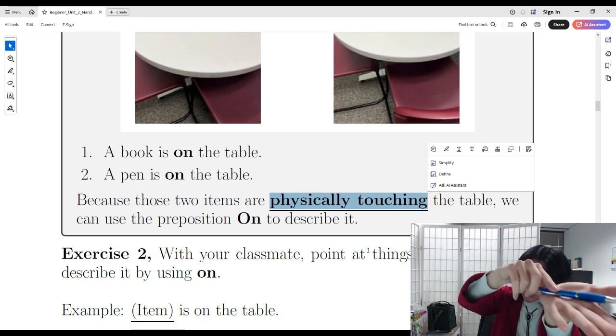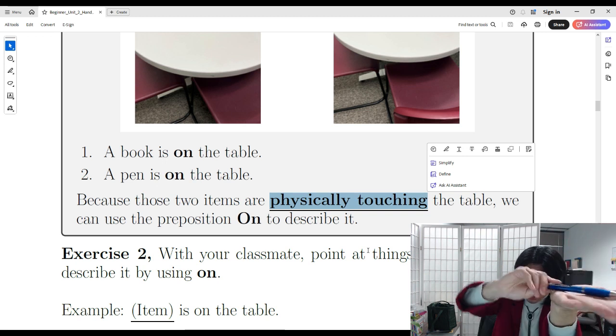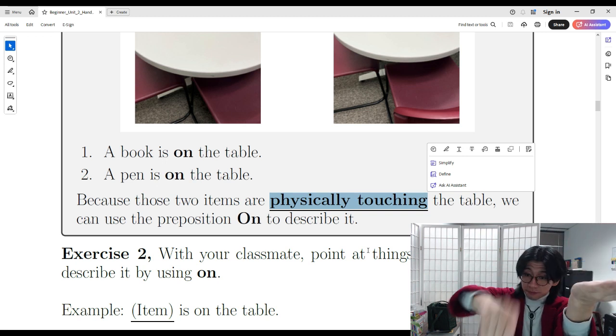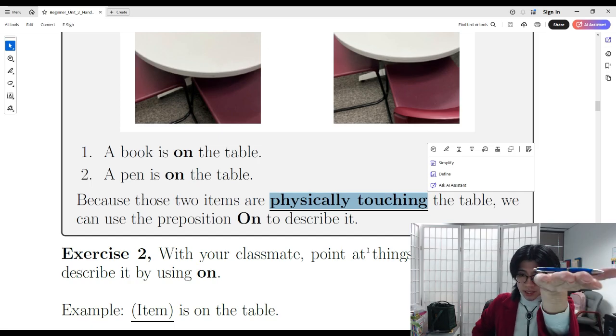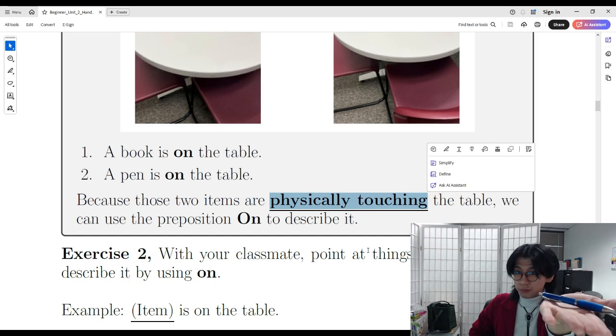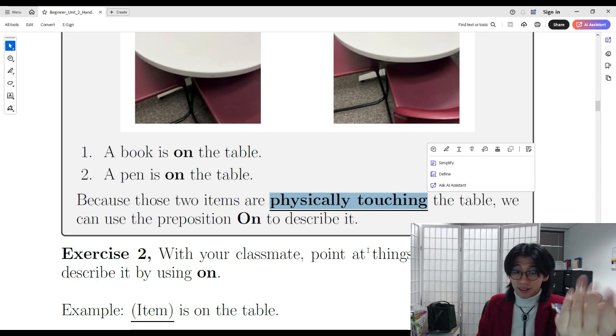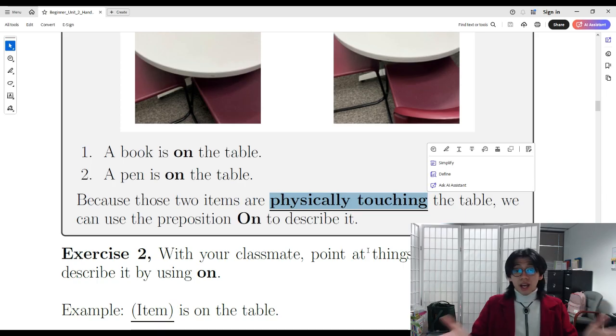So this pen is physically resting. It is not hovering. It is here, and it is physically touching. I can confirm that because I can feel the pen over here. So if an item is physically touching, then we can use on.